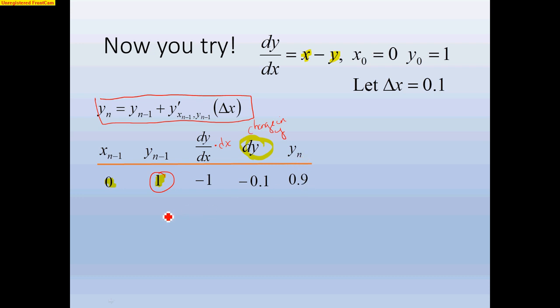So this 0.9 is going to come here, and your next x comes from what? How do you get your next x? Right, you add delta x here. So 0.1, 0.9, repeat. Take 0.1 and 0.9 up to the derivative.